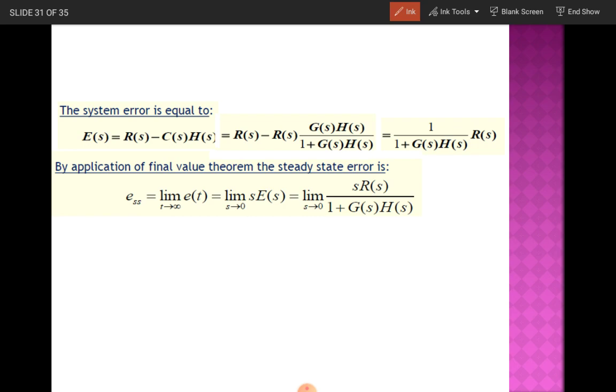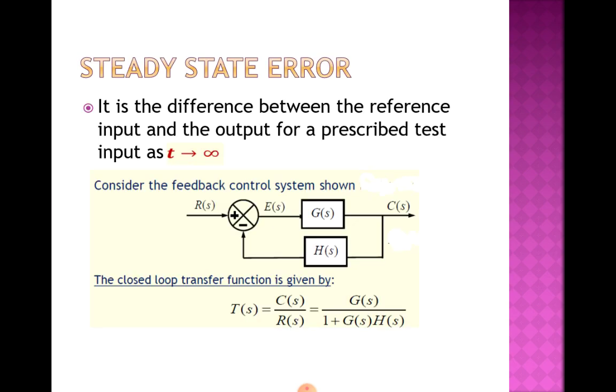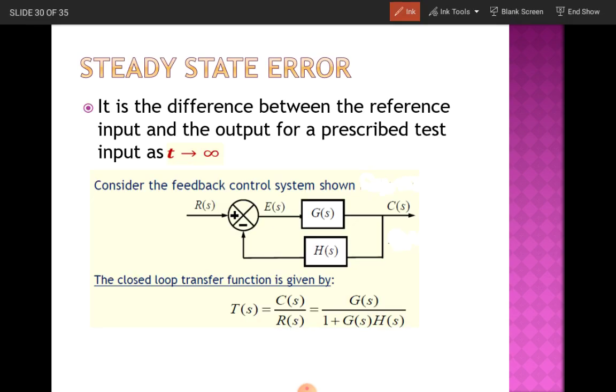So in this, error can be written as R of S minus C of S into H of S, that is from the block diagram. R of S is the input, and C of S and H of S is the feedback.